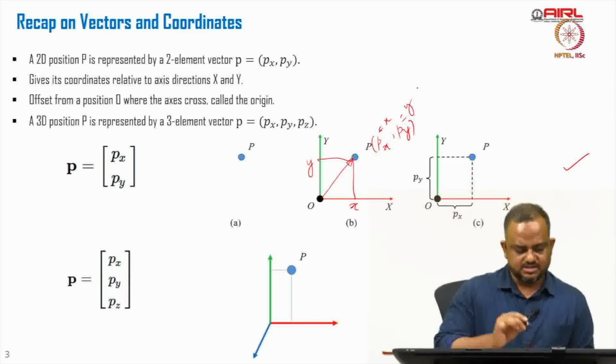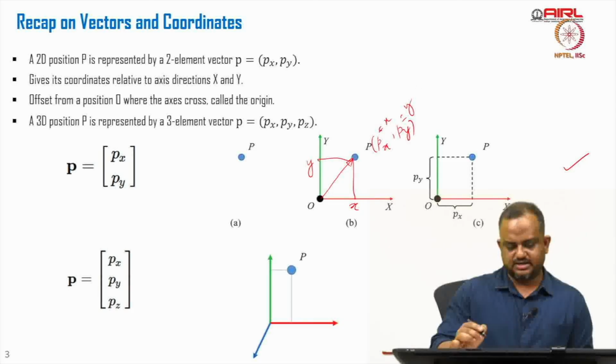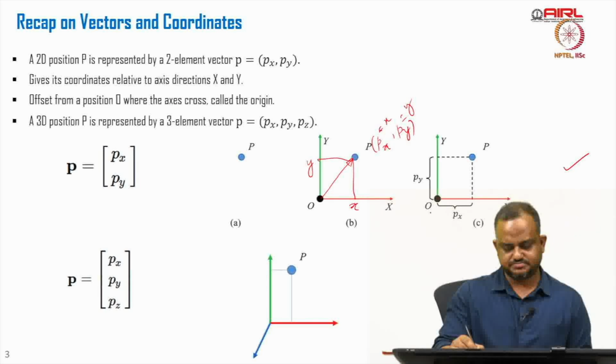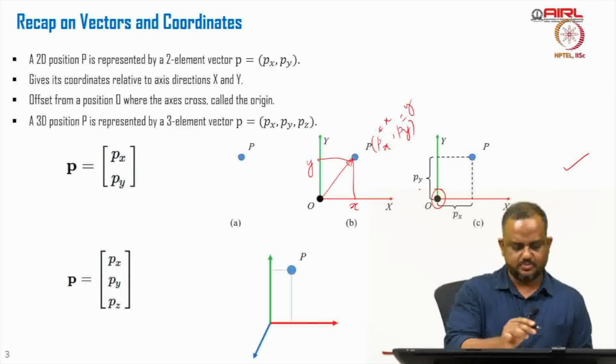Fine. This gives the coordinates relative to the axis directions x and y. Then there is an offset from position 0 where the axis cross, called origin. This is the origin. So the point or the vector is represented as Px and Py.